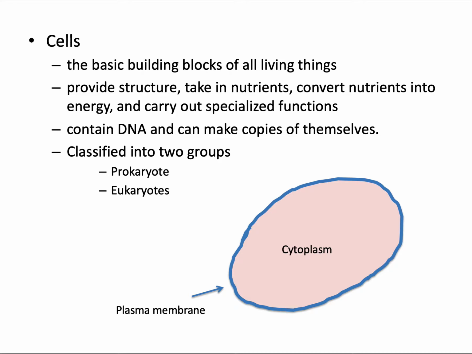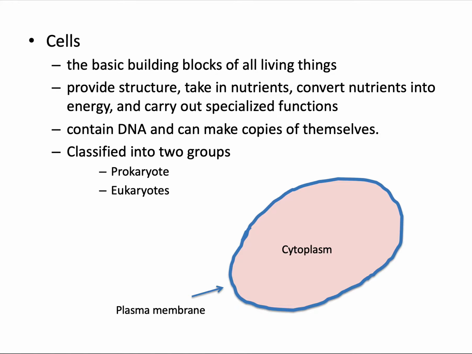Cells provide structure, are able to define the contents that they enclose, and are able to carry out certain metabolic activities. They contain specialized nucleic acids, DNA, and they're able to replicate this DNA within themselves.